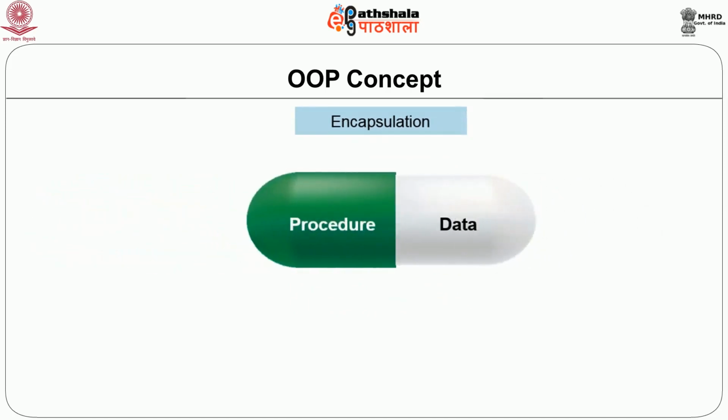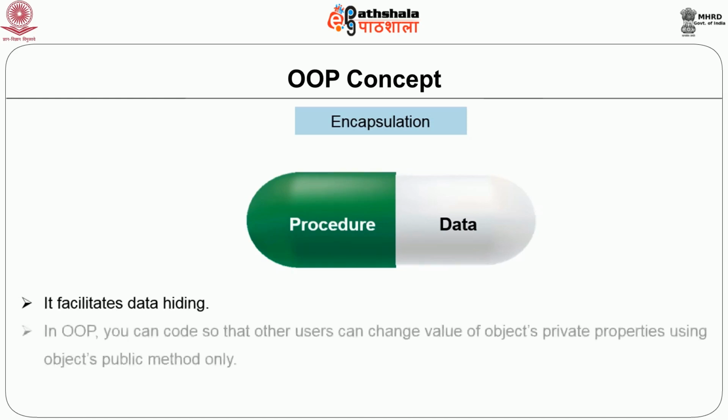Encapsulation means considering data and functions or methods as a single entity, and it facilitates hiding the data from users. For example, if you would like to change an object's property, you can change it only through the object's public method, otherwise you cannot. That is why it provides encapsulation.